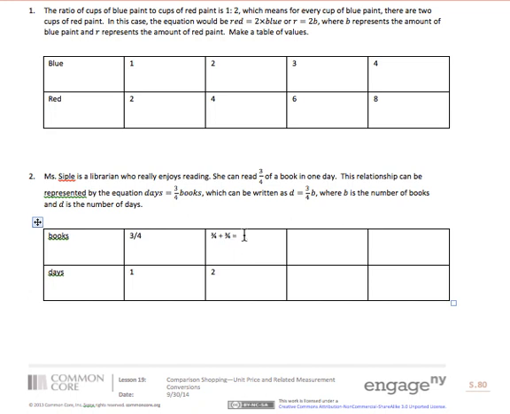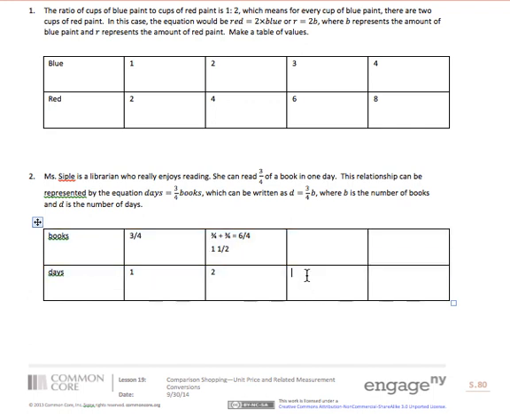To add fractions, please remember, you first of all have to have common denominators, and then you would add only the numerators. 3 plus 3 equals 6, and keep the denominator the same. You do not add the denominators. 6/4 simplifies to 1 1/2. But we may or may not want to do that as we are filling in our table.